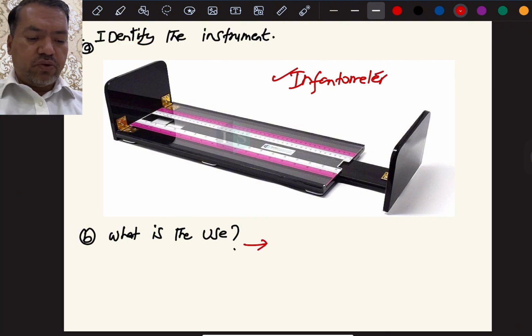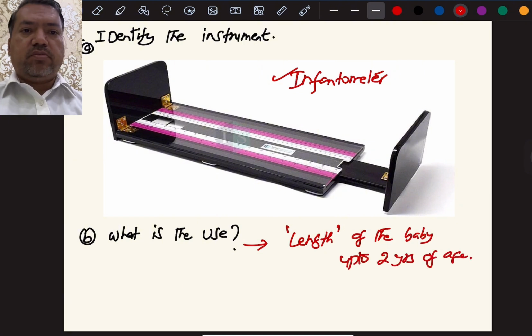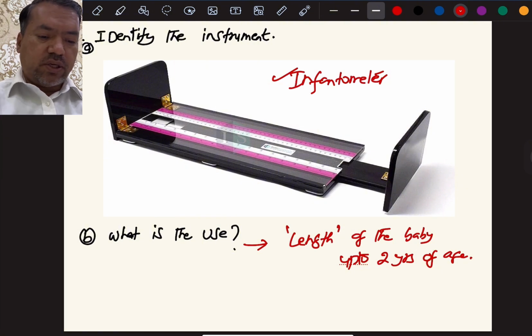It is used to take the length of the baby up to 2 years of age, because we believe up to 2 years the baby cannot stand properly. The baby can stand, but not properly. That is the point. So we take the recumbent length, and that is done by infantometer. Nothing much to discuss here.